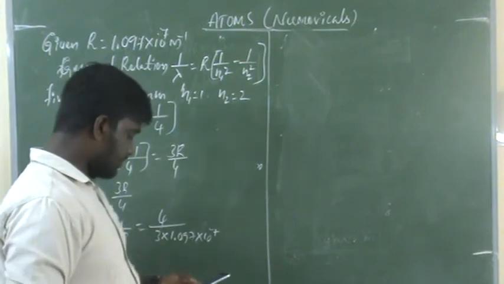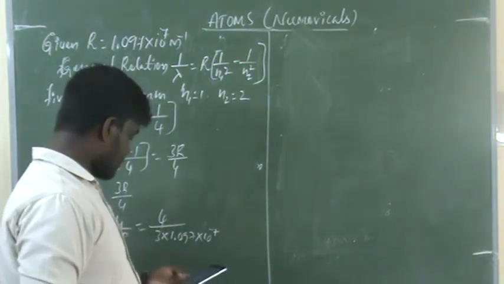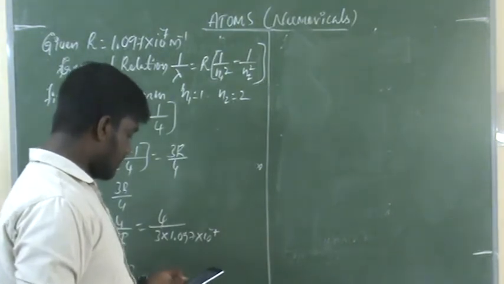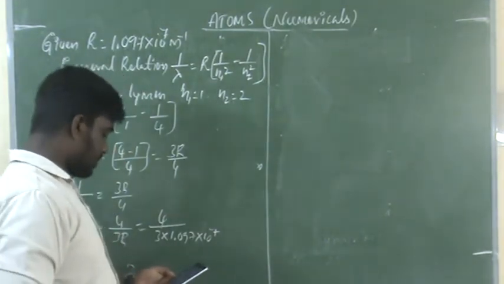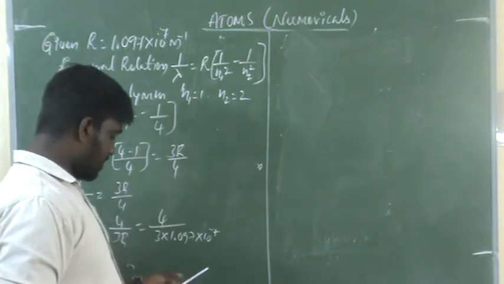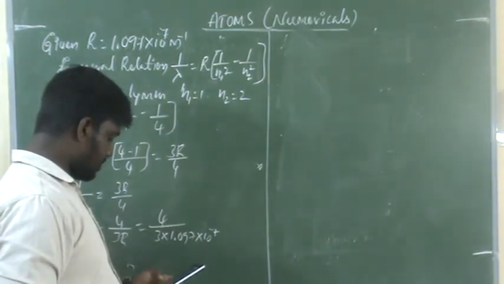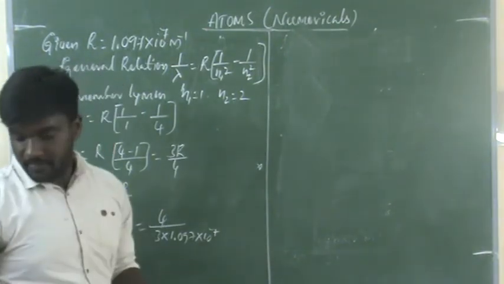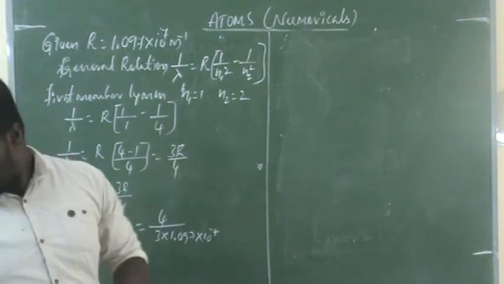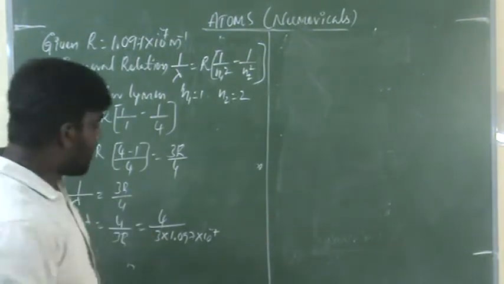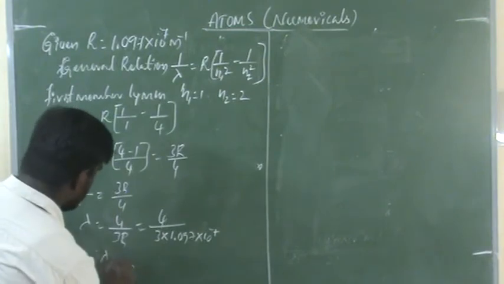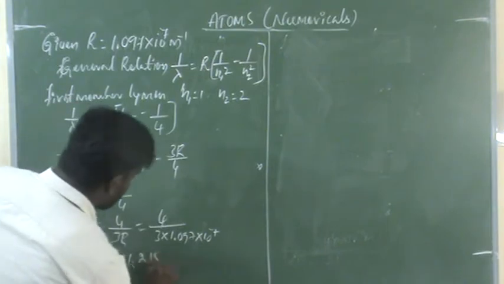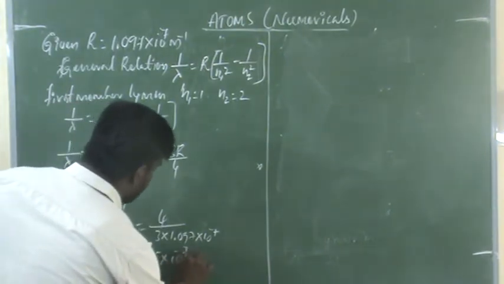4 divided by 3 into 1.097. So lambda is equals to 1.215 into 10 to the power of minus 7 meters.